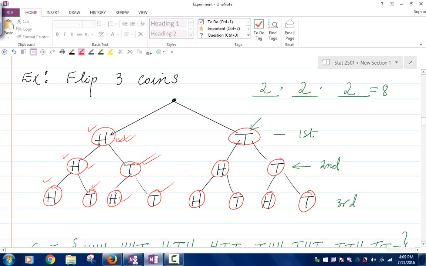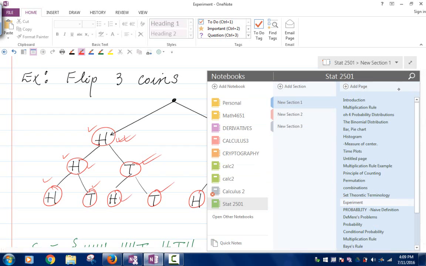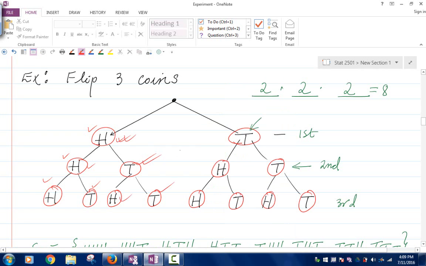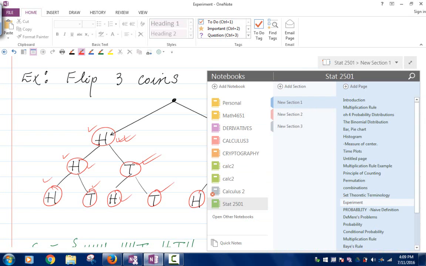So I can read all the results, and also I know how many outcomes I should be getting, because there are 2 possible outcomes from the first flip, 2 possible outcomes from the second flip, 2 possible outcomes from the third flip. So there is a total of 8 possible outcomes from the 3 flips.